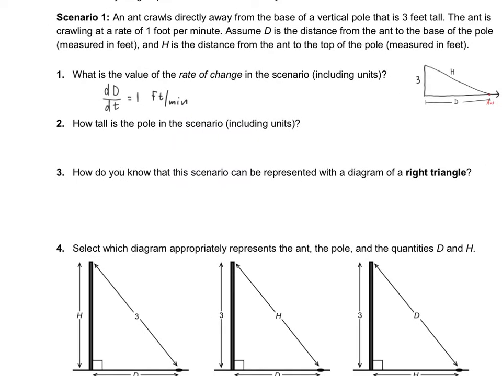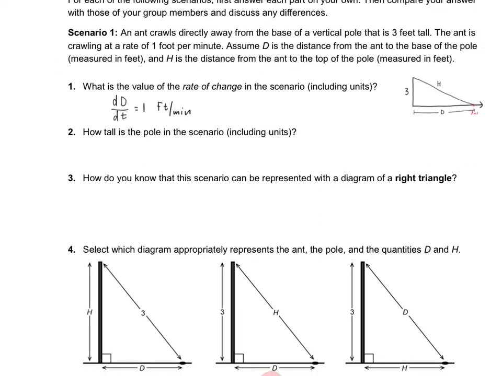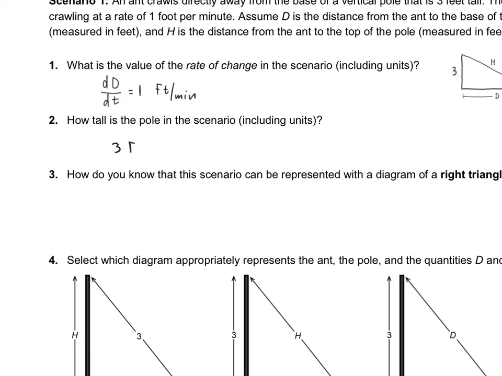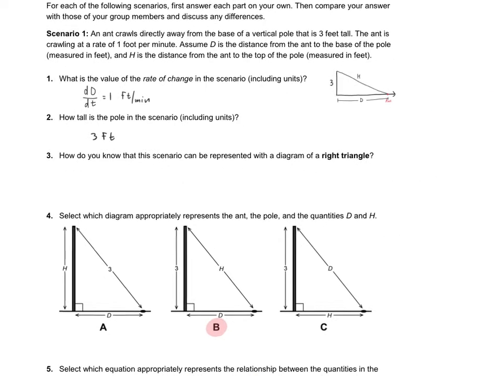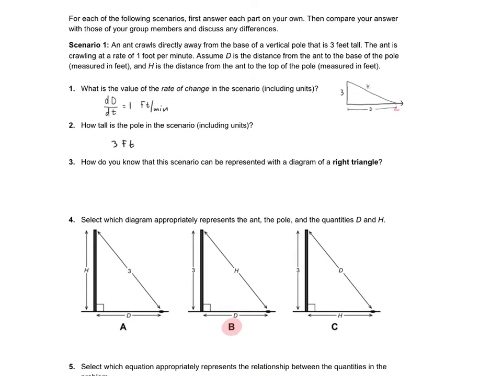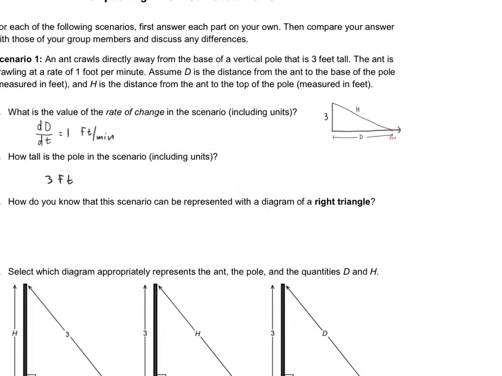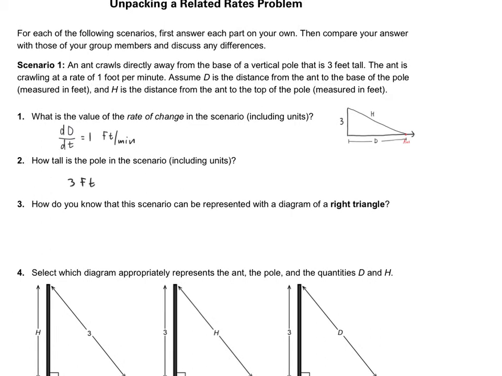Okay, how tall is the pole in this scenario? Pole is 3 feet. How do you know that this scenario can be represented with a diagram of a right triangle? I don't know, there's no good answer for this one exactly, except just their description. Vertical pole, so that's vertical. And then the ant is going with the ground.